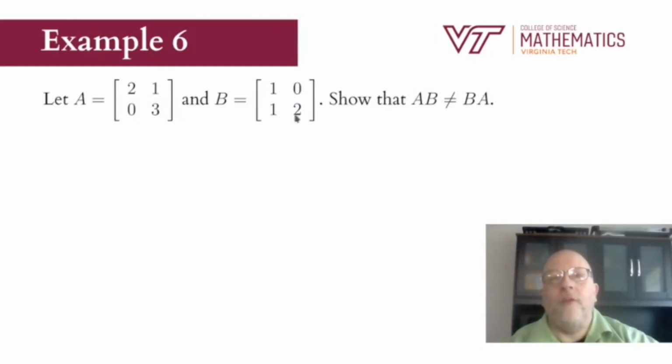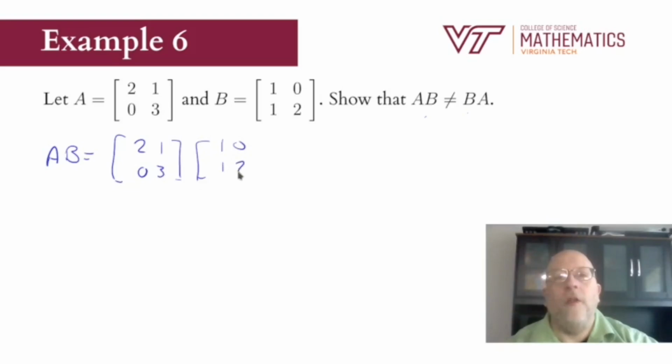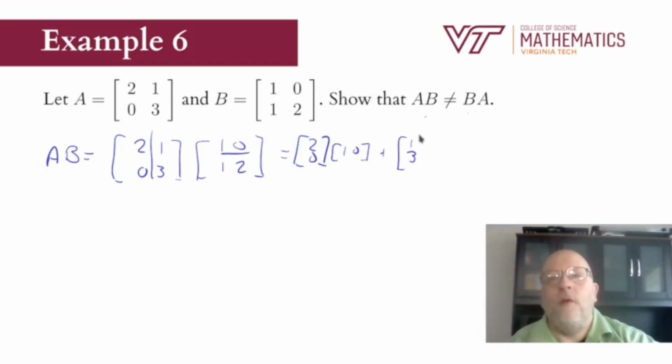Here are two matrices, but when we multiply them in the two different orders, we don't get the same answer. So AB is [2, 1; 0, 3] times [1, 0; 1, 2]. Columns and rows, so we'll pair off 2, 0 with 1, 0, and 1, 3 with 1, 2.